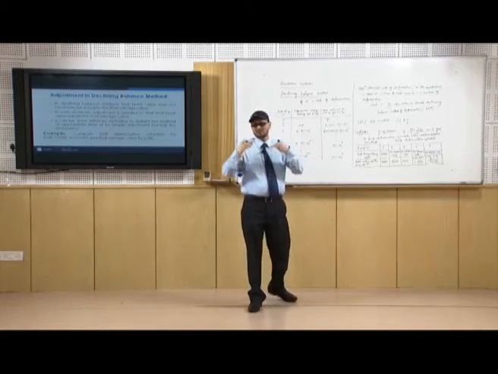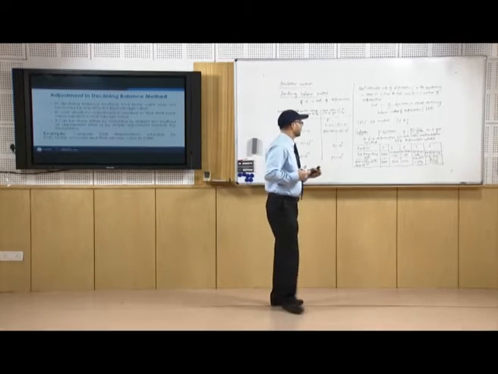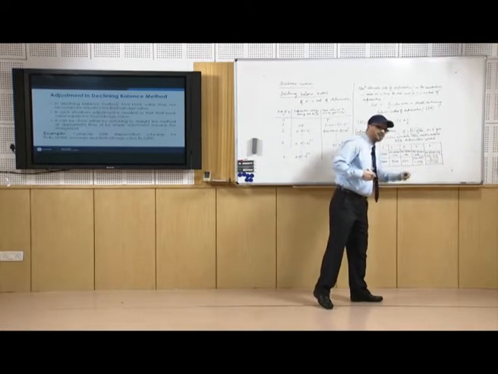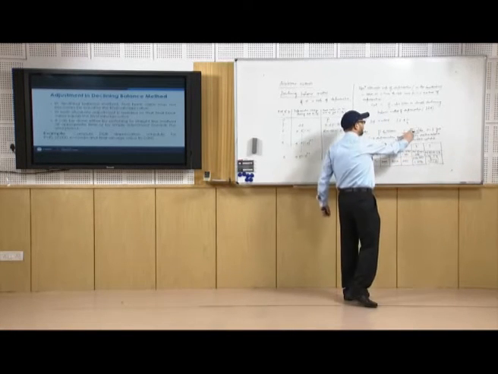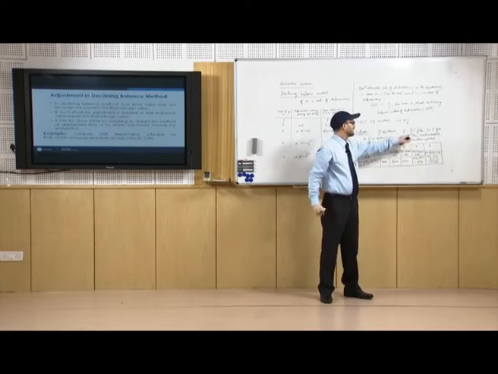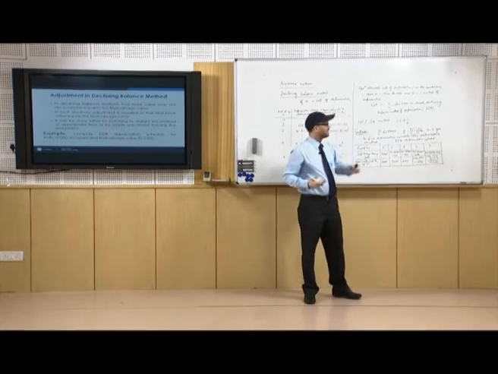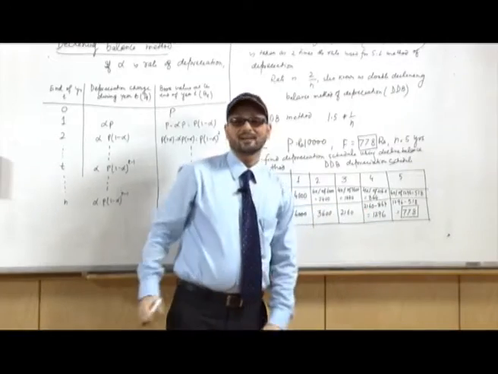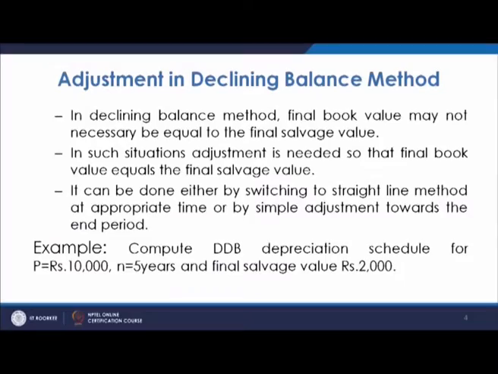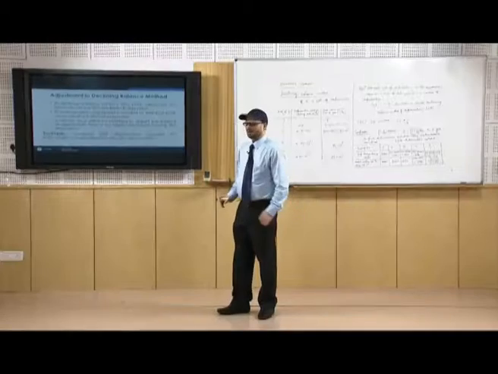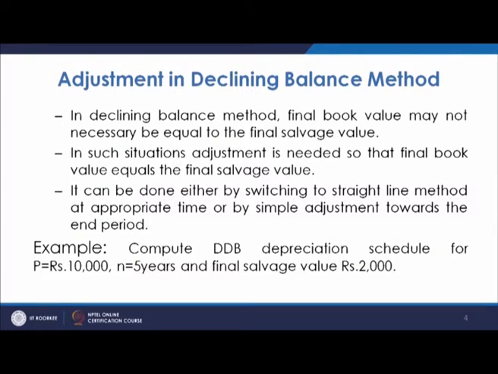Now, this is not a certain situation in many cases, and you will find that the book value at the end of its life, that is the salvage value, may be either more or less than its value. So, let us see a problem where the salvage value is given as rupees 2000. You have to find the depreciation schedule using DDB and the salvage value is given as rupees 2000.